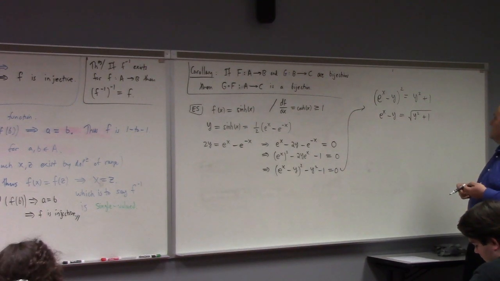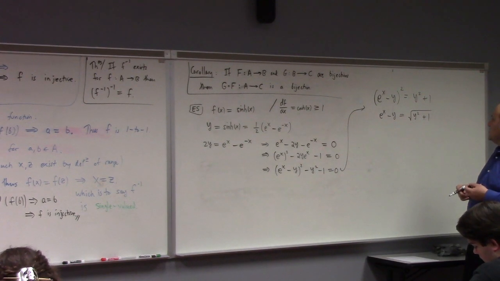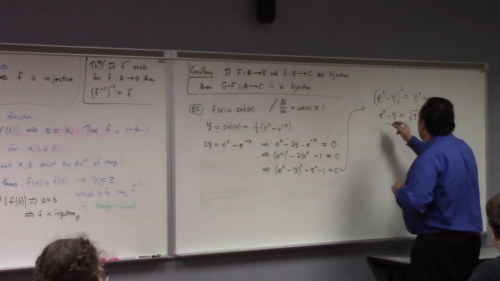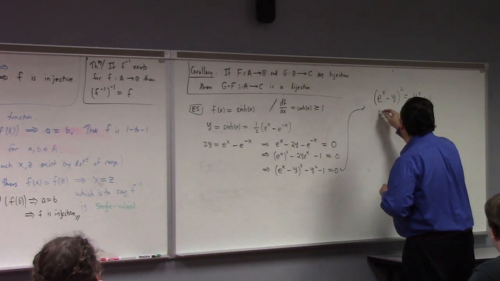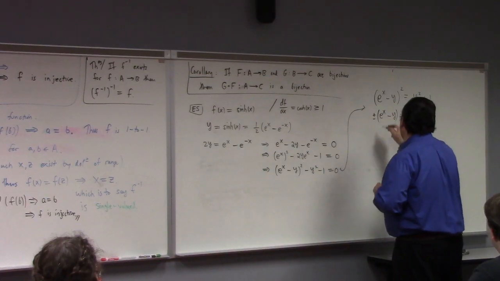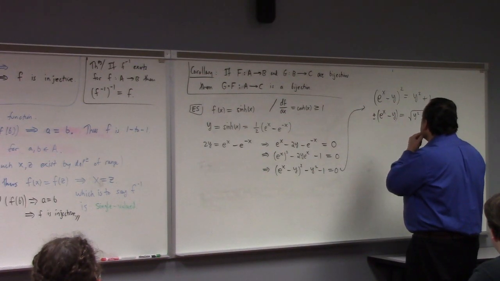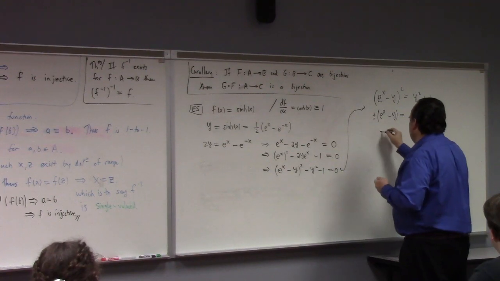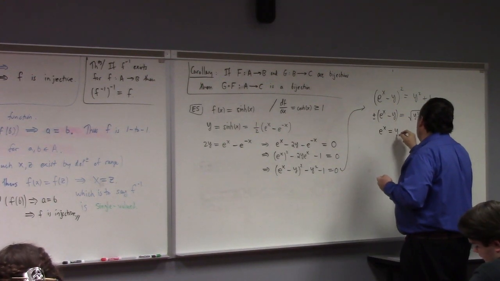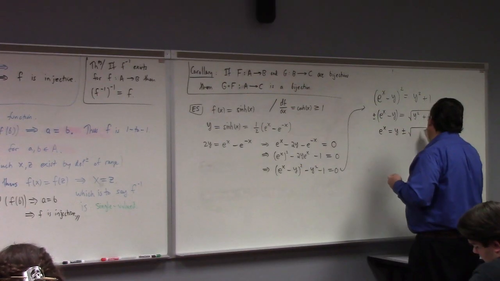A second here. Plus or minus? I guess I do need the plus or minus. Square root both sides, yeah. So that gives me e to the x is equal to y plus or minus the square root of y squared plus 1.